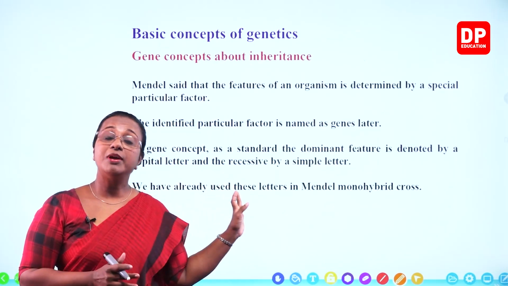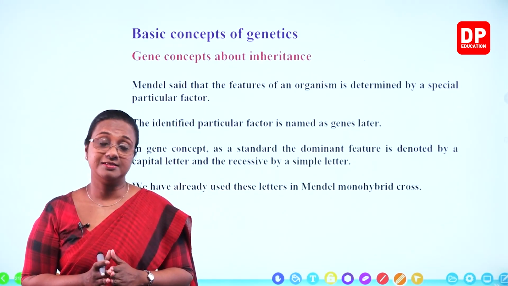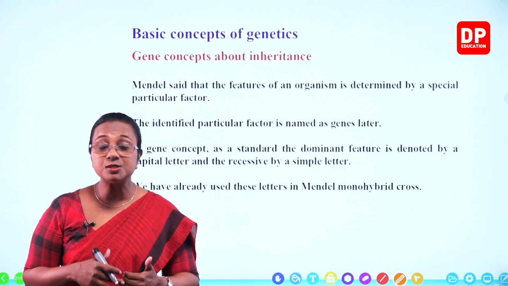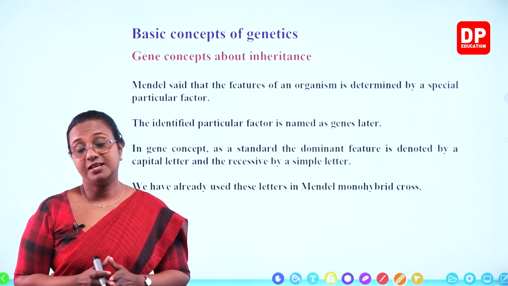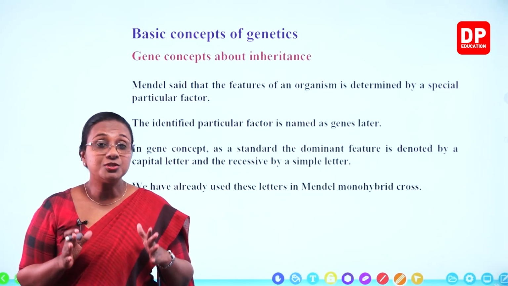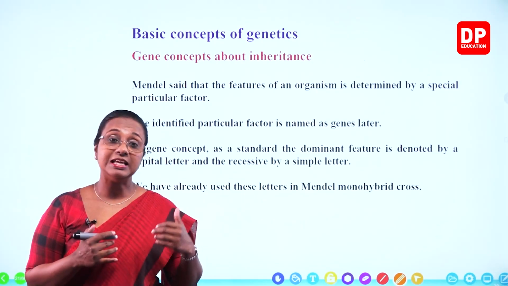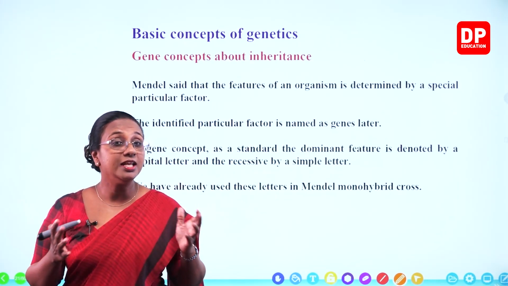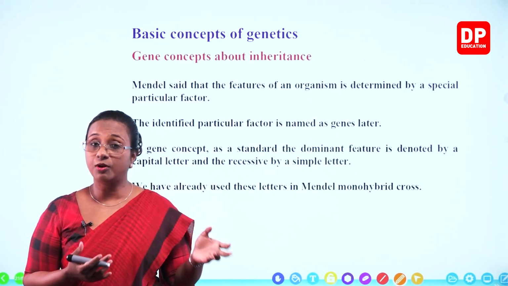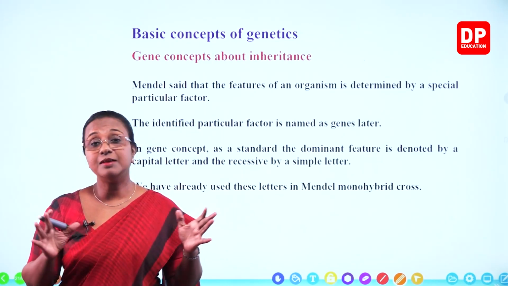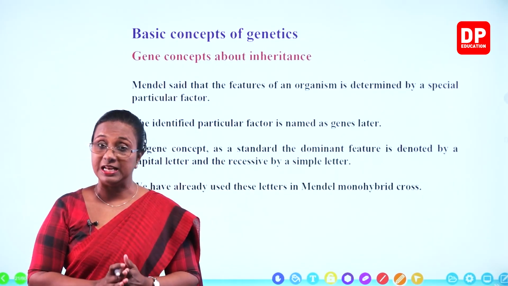So now I'm going to move on to the gene concept, where we explain Gregor Mendel's observations using genetics. I told you, when Gregor Mendel did the experiments, he did not have knowledge about DNA or what genes and chromosomes are, because at that time the technology was not developed enough.